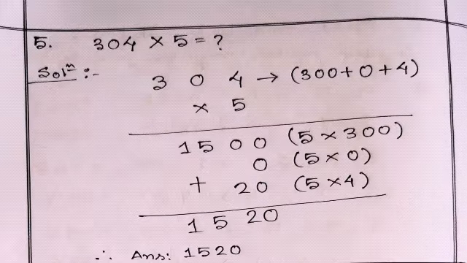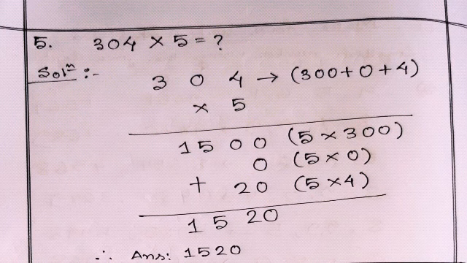Now we are going to discuss our fifth question. What was the fifth question? The fifth question was 304 multiplied by 5. Here also we have to use multiplication using expanded form. First, we have to expand the number 304. We will get 300 plus 0 plus 4. Now we have to multiply it one by one by 5.